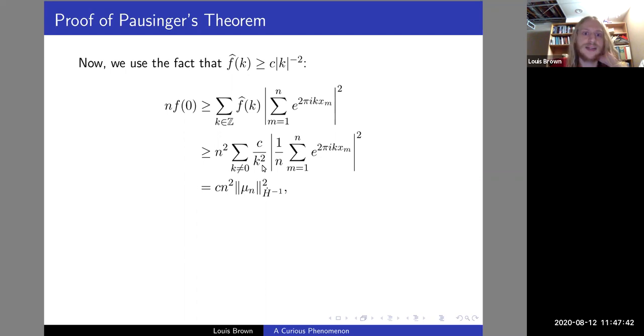And in the same step here, I wrote an n squared on the outside and put a 1 over n on the inside, which is squared, so those will cancel out. And then I can pull out the c, and this expression on the inside is precisely going to be the square of the diaphony that I mentioned earlier, or the minus 1 Sobolev norm. So this whole thing is c n squared times the Sobolev norm of mu n squared.